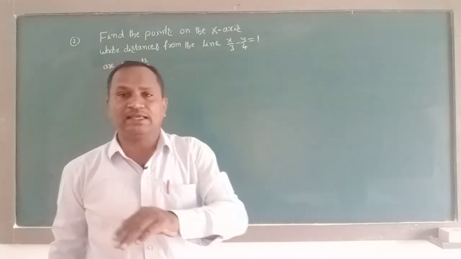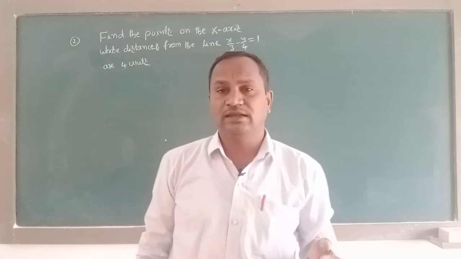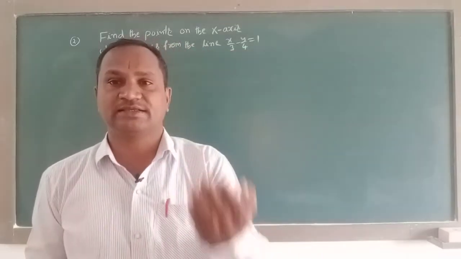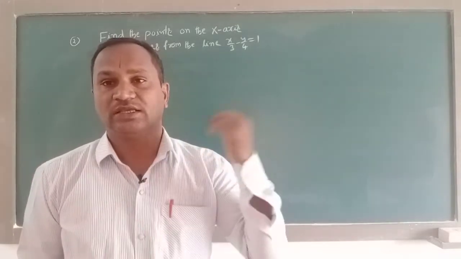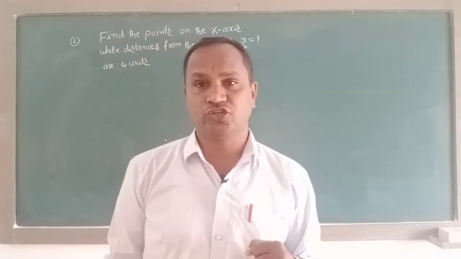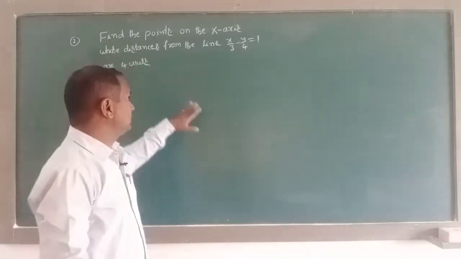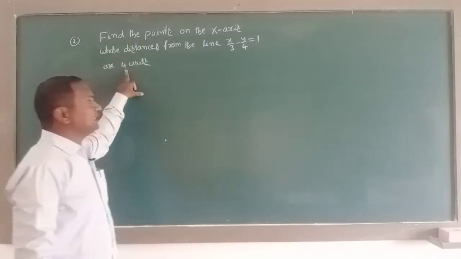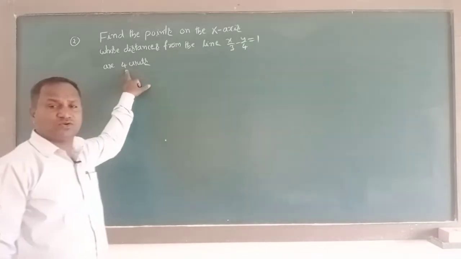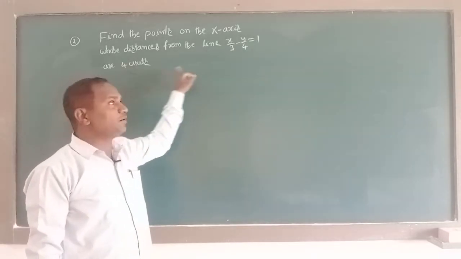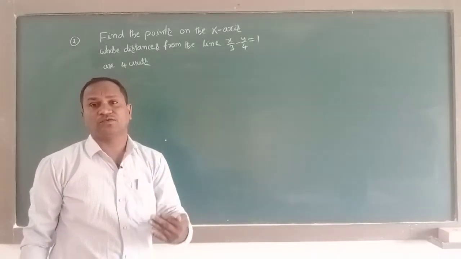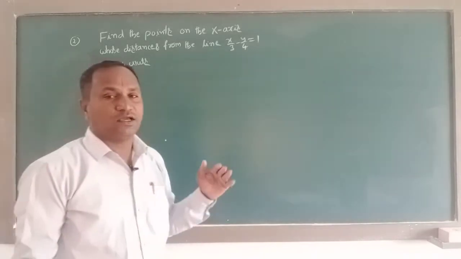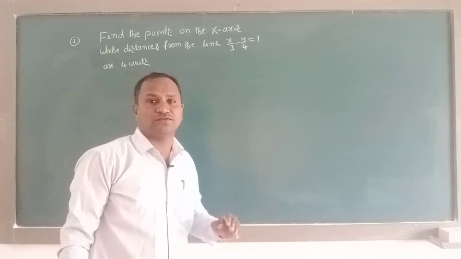If any point lies on x-axis, then its coordinates are always in the form of x comma 0. That's why here y coordinate is 0. From x comma 0, at the same time they gave distance also here, D is equal to 4. With the help of these two, we are going to find the coordinates of the given point. See how to solve. I will show the solution for this question.